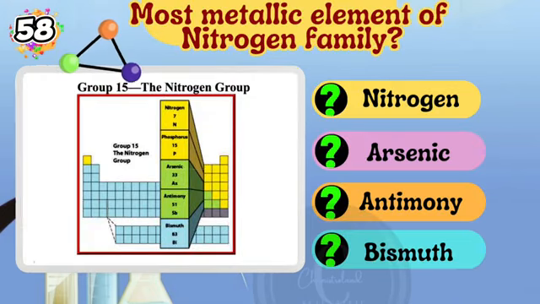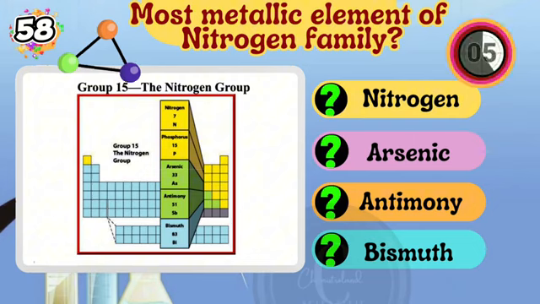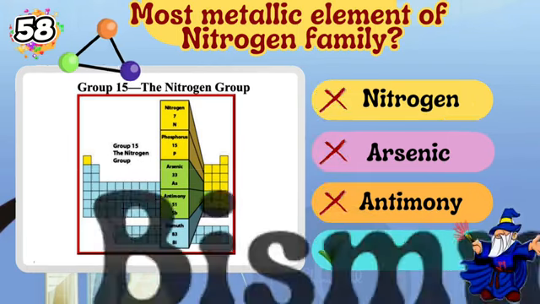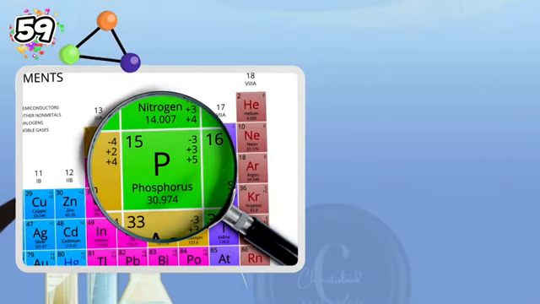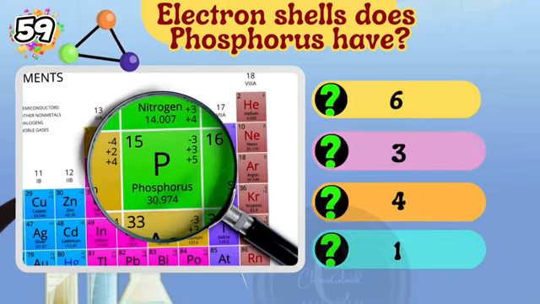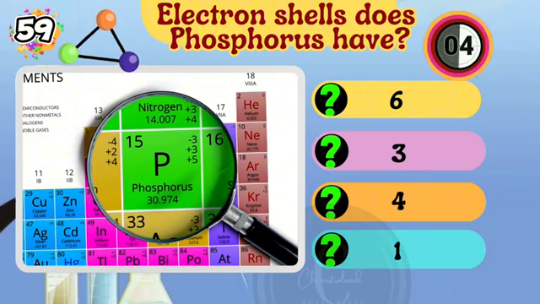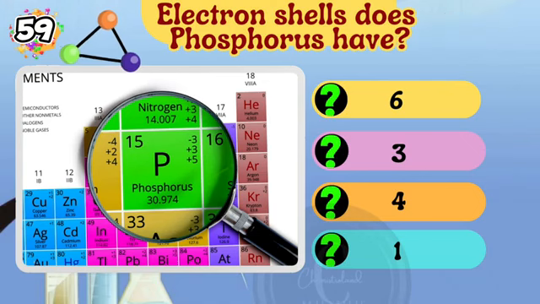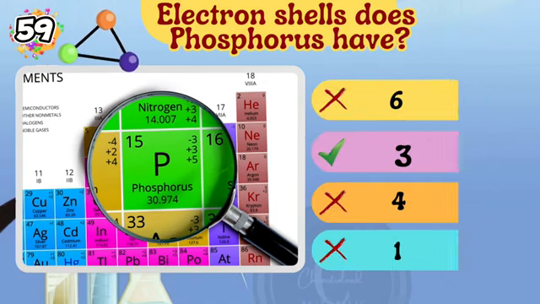Most metallic element of nitrogen family is... Bismuth. How many electron shells does phosphorus have? Three electron shells.